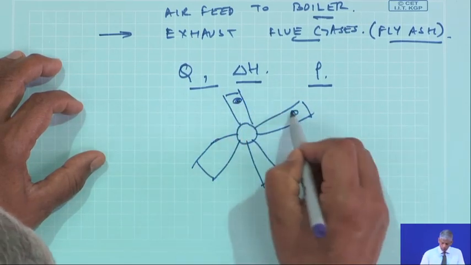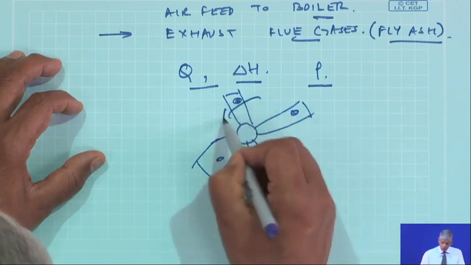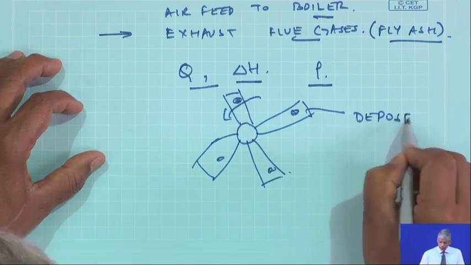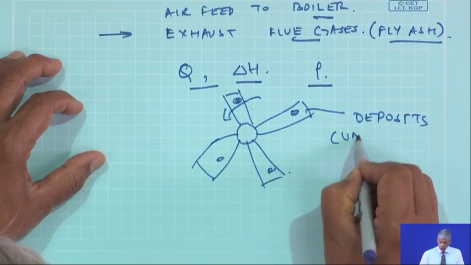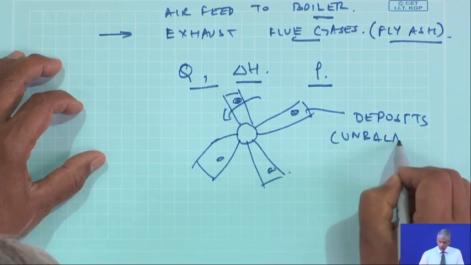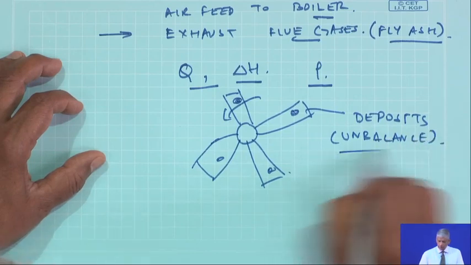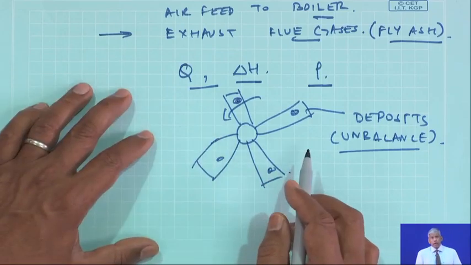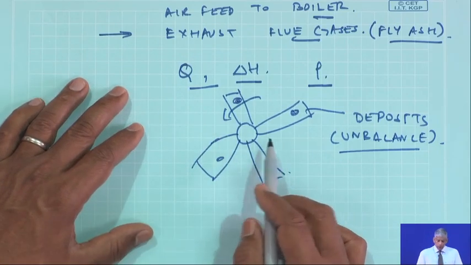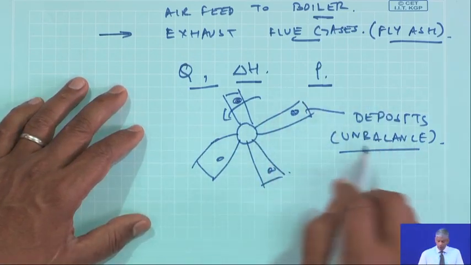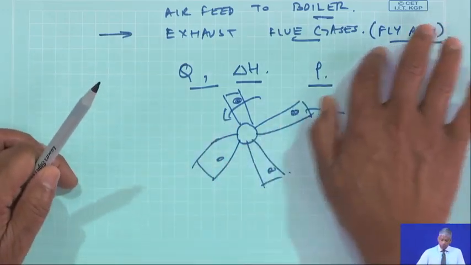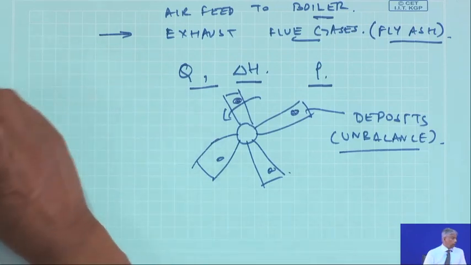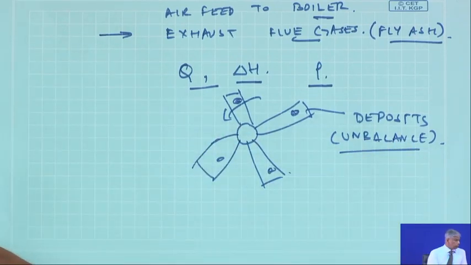So, there could be deposits, and the deposits could lead to unbalance. We have discussed how unbalance can be detected, can be rectified and so on, but such scenarios happen in industry where flue gases carrying fly ash get deposited on the blades, which will create an unbalance.